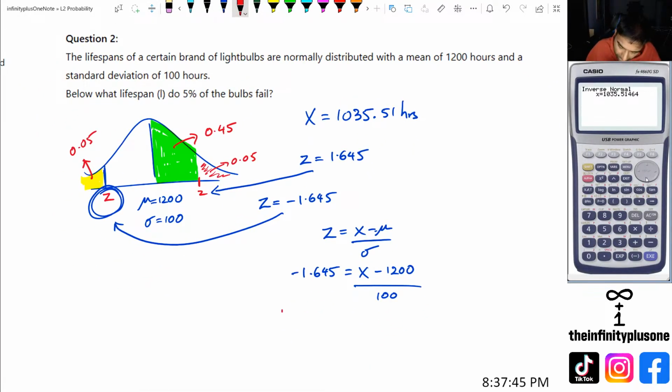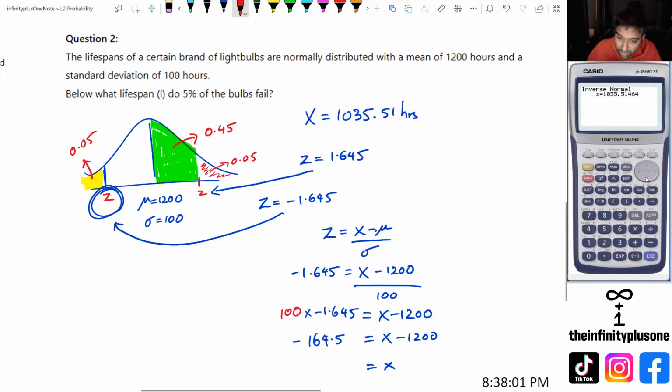So I get 100 multiplied by negative 1.645 equals X minus 1200, and then X minus 1200 equals negative 164.5. Then X is equal to, the 1200 moves to the other side and becomes positive, so 1200 minus 164.5.